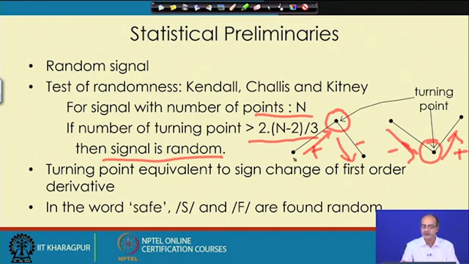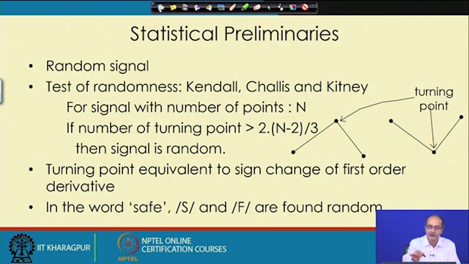So, that is a test given by the statisticians, and that is a handy tool to determine whether the signal at hand is random or not. We can say that a turning point is equivalent to a sign change of the first order derivative, that could be given as another definition of it.